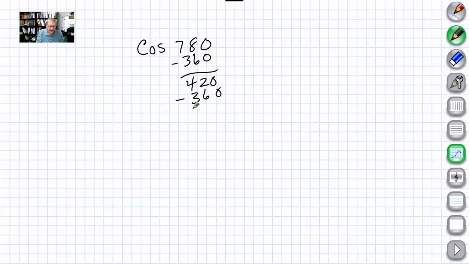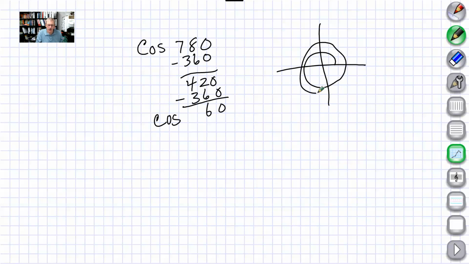Subtract 360 again. Our reference angle would be the cosine of 60. You're going around once, going down twice, and ending up in the first quadrant. It's 60. So what is the cosine of 60? 1/2. We've done that before. That doesn't look too hard.